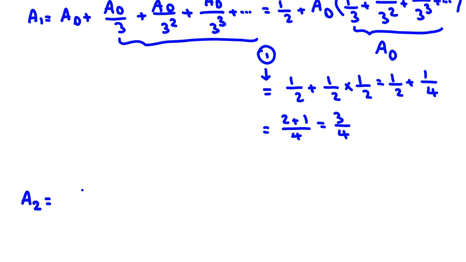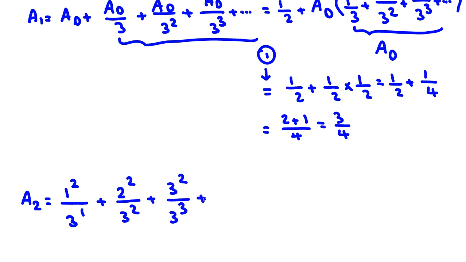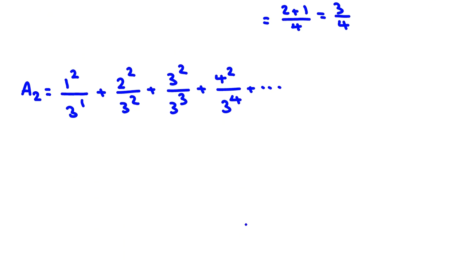a2 will be what? Will be 1 squared over 3 to the 1 plus 2 squared over 3 to the 2 plus 3 squared over 3 cubed plus 4 squared over 3 to the 4, and so on. So I want to do what?